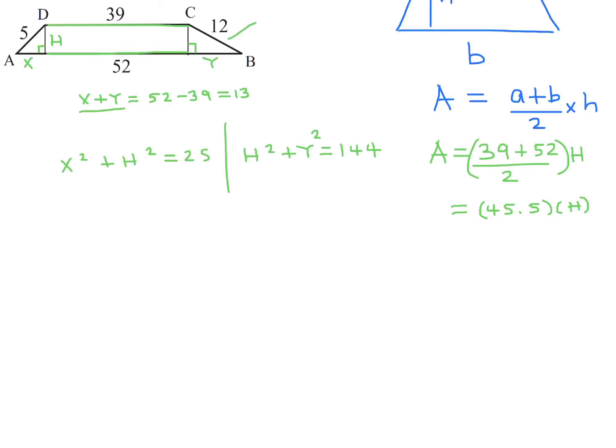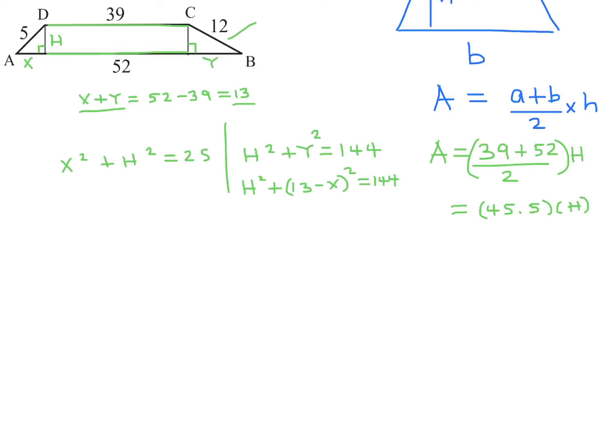And we know from here that x plus y is 13, so I can substitute that into here instead of having it in terms of y. I can put it in terms of x. So h squared plus 13 minus x, which is what y is, squared is equal to 144, like that.